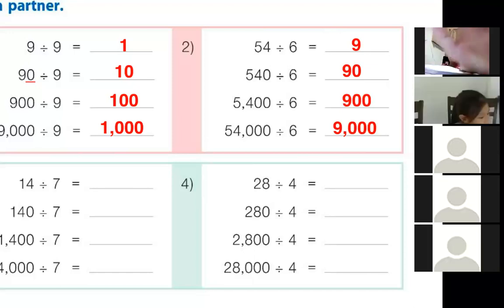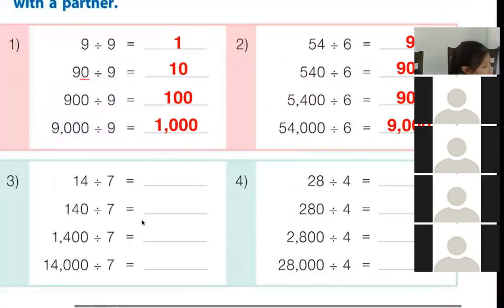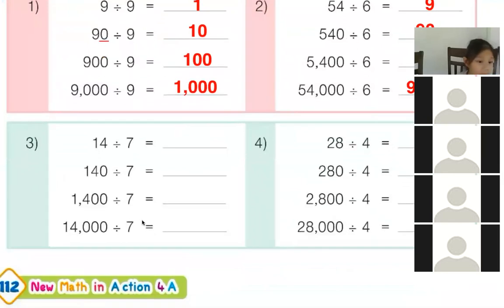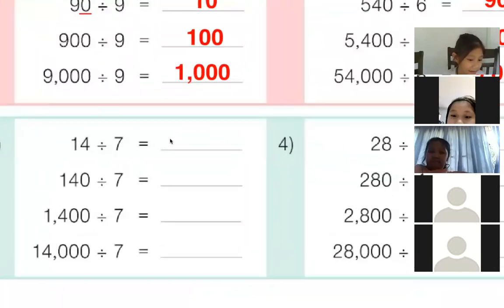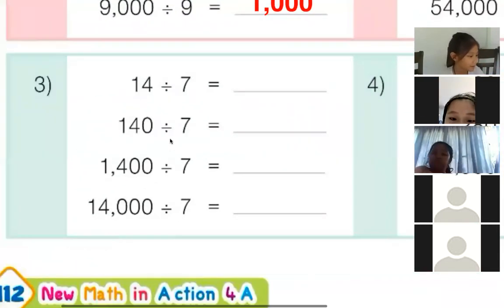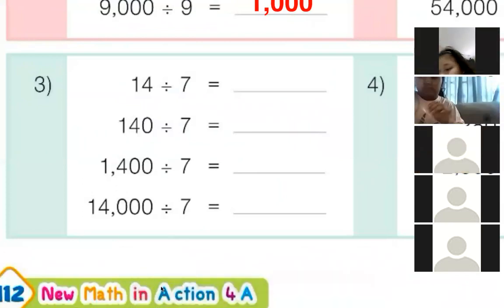All right. So next, who didn't work program? Please, next one, number 3. Program faster, please. Yes, teacher.